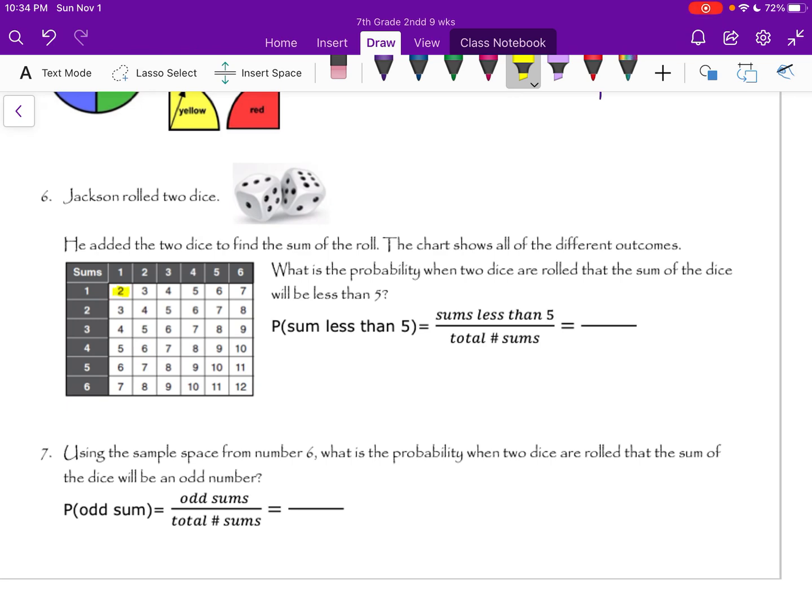So 2, that's less than 5. 3 is less than 5. 4 is less than 5. Should we do the 5s? Are 5s less than 5? No, they're equal, so we're not going to do those. So we just count, and we see how many there are. 1, 2, 3, 4, 5. So there's 6 numbers that are less than 5.